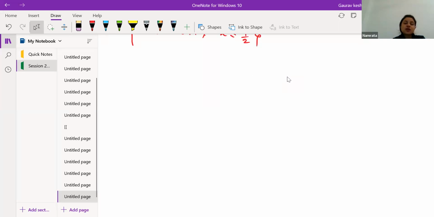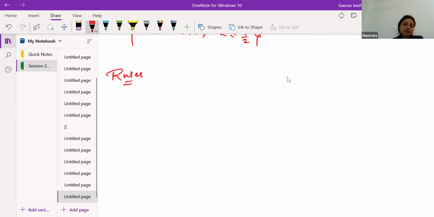Now a few rules are there, and on the basis of those rules, a few word problems are there. Let's see the rules quickly, and then we will solve a few word problems related to that.